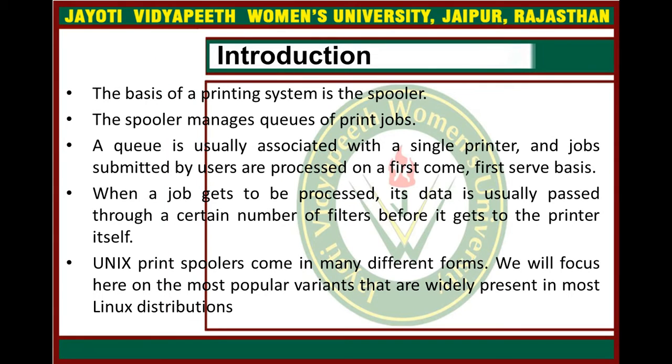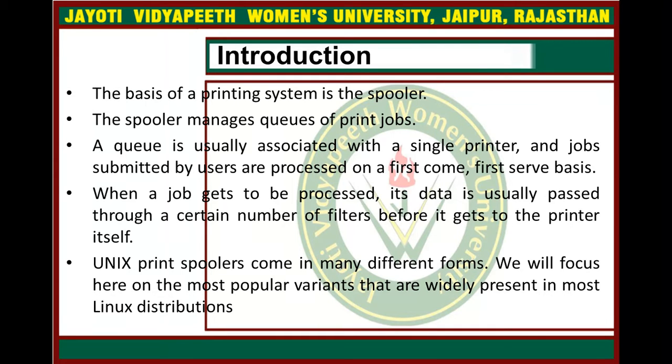A queue is usually associated with a single printer, and jobs are submitted by users and processed on a first come first served basis, as we already know from the FCFS algorithm. When a job gets processed, its data is usually passed through a certain number of filters before it gets to the printer itself.